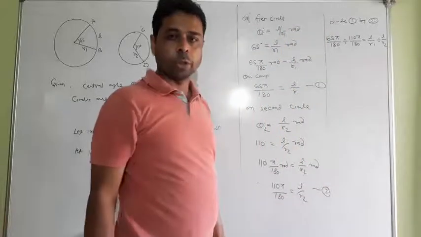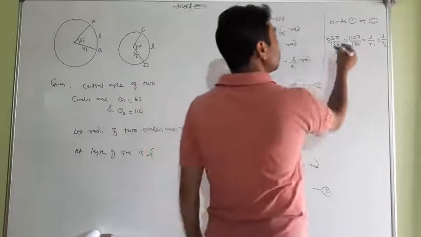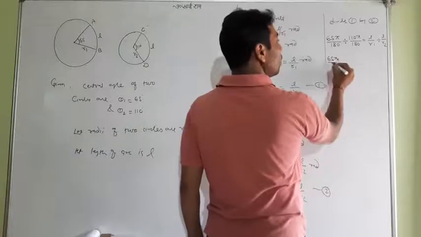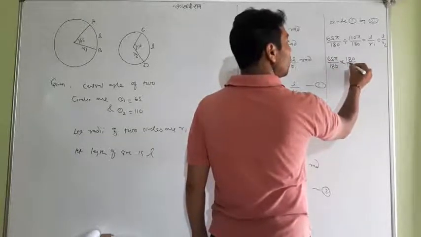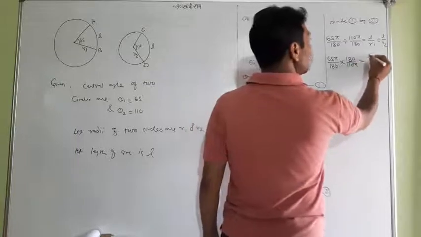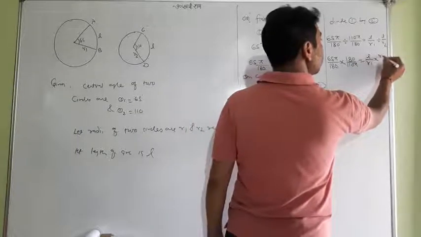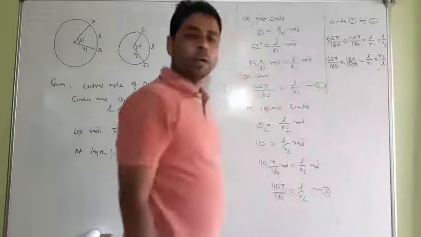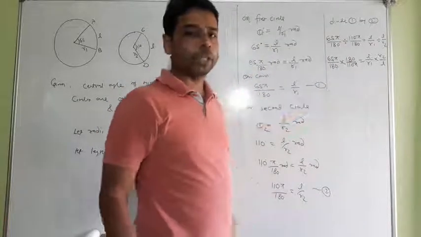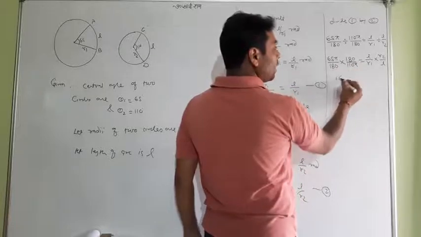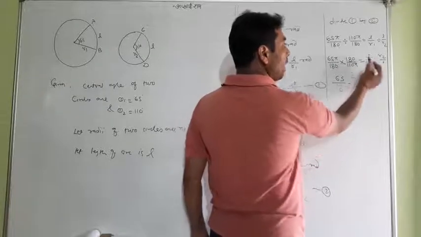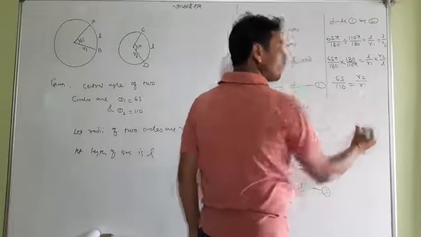This is division. Now I'll turn it into multiplication. You know that 65 pi upon 180 divided by 110 pi upon 180 becomes multiplied by the reciprocal, and this is the same as I did here, R2 upon L. Whatever you are looking at, 180 cancels, pi cancels, 65 by 110 remains, L cancels, R2 upon R1 is there.